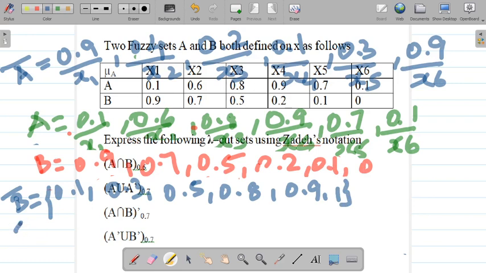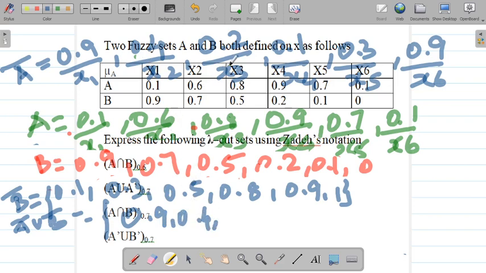Here they are asking A bar union B bar, which means we are going to find the maximum value between A bar and B bar. So here 0.9, here 0.1, so the answer is 0.9. Then here 0.4, here 0.3, 0.4.